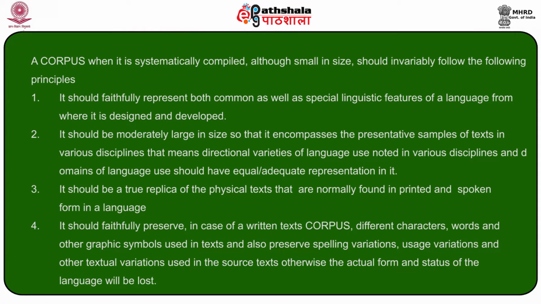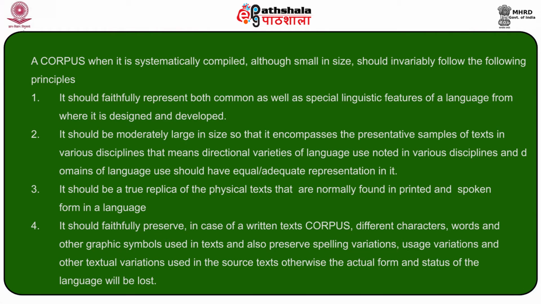Third, it should be a true replica of the physical texts that are normally found in printed and spoken form of a language. Fourth, it should faithfully preserve, in case of a written text corpus, different characters, words, and other graphic symbols used in texts.